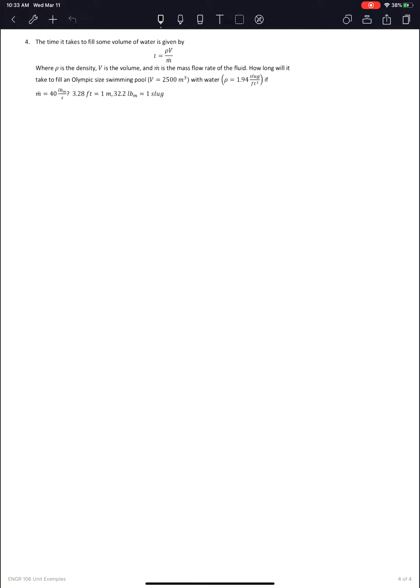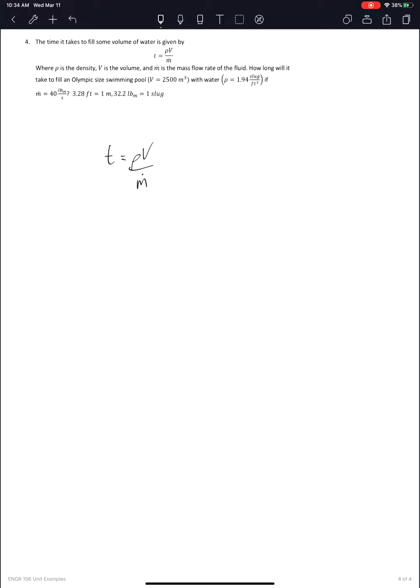For the next calculation, we don't have quite so much challenge because there isn't a relationship between force and mass, but I still want to go through this calculation. This formula, the time it takes to fill some pool, is given by the density times the volume divided by the mass flow rate, and all these things are given.